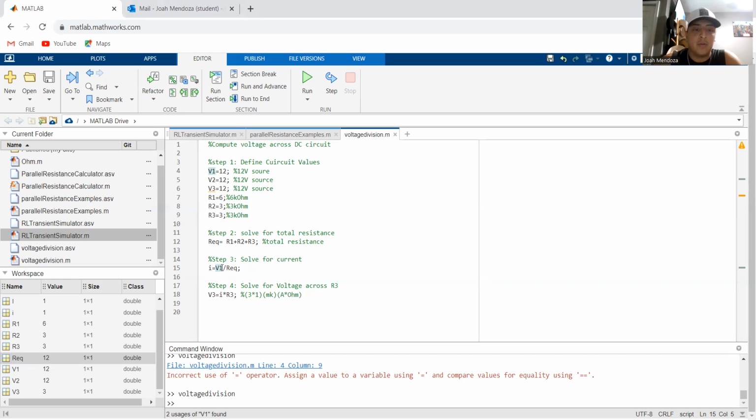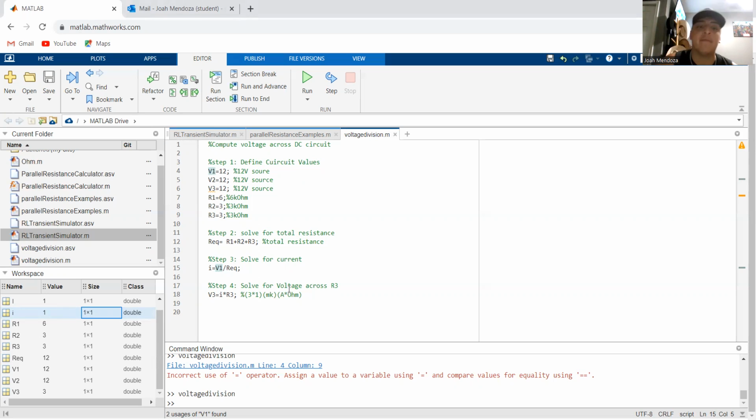So I equals V1 divided by the total resistance, which is here. V1 would be 12 divided by total resistance, which was 12. So 12 divided by 12, and we see that I equals 1.